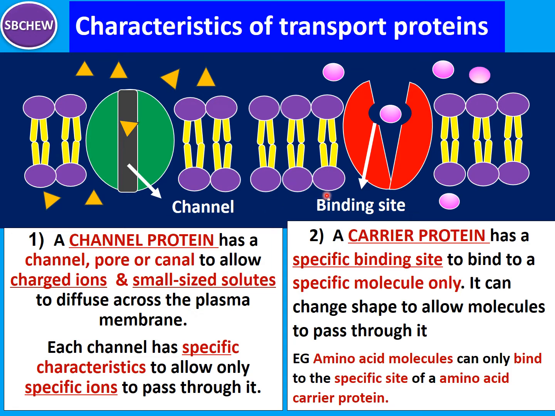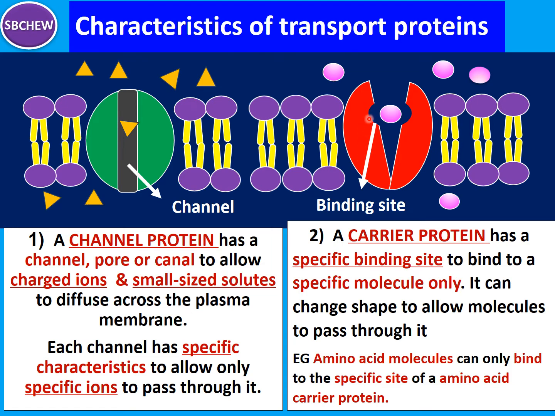For the carrier protein, it has a special binding site that will bind to a specific molecule only. So maybe we have a carrier protein specifically for amino acid molecules. So it will only bind to the amino acid molecules, and the amino acid molecules can only bind to the specific site on the amino acid carrier protein.